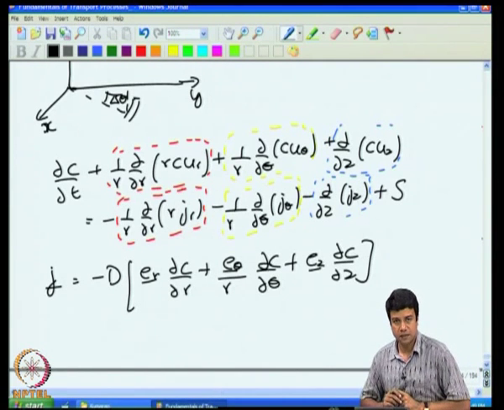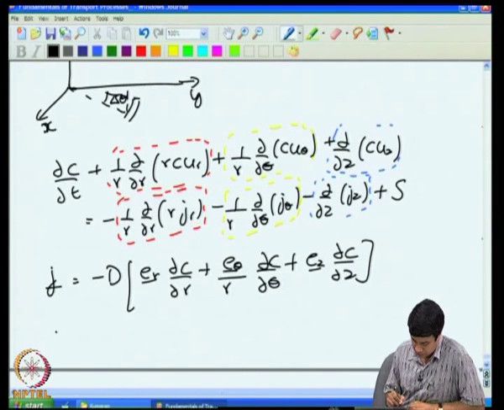So, this is the gradient operator in a cylindrical coordinate system.